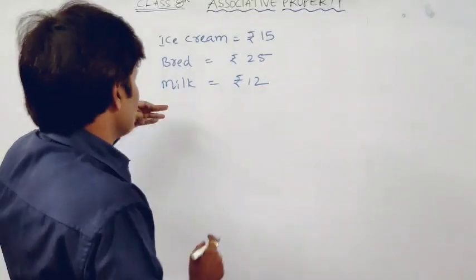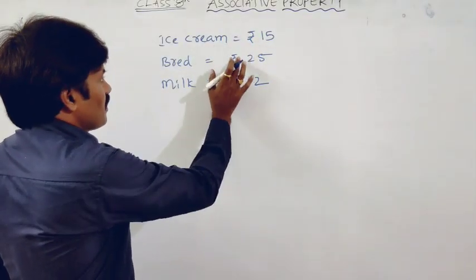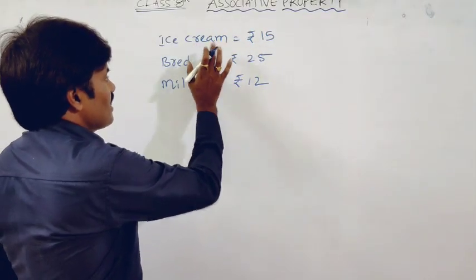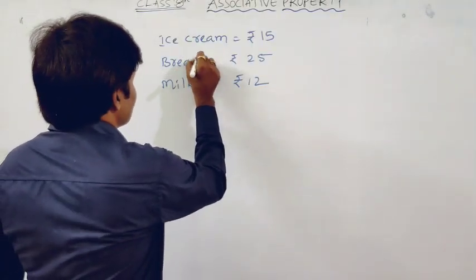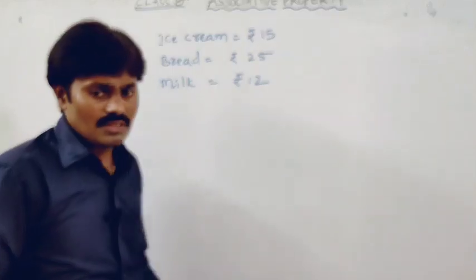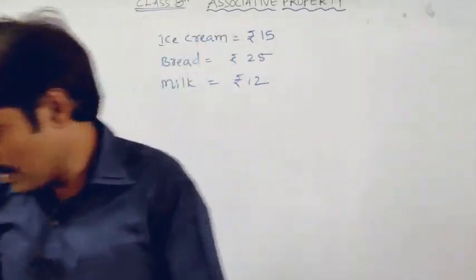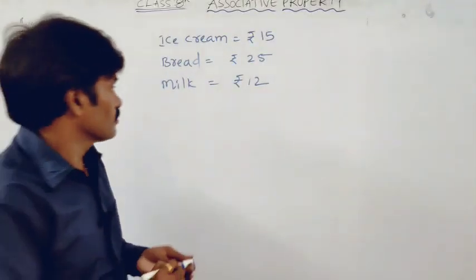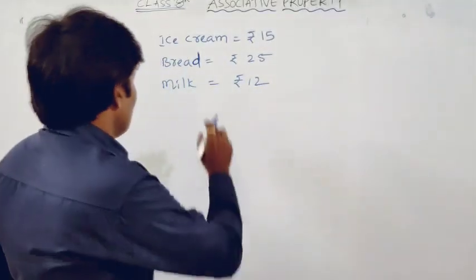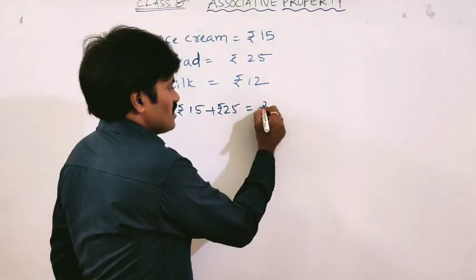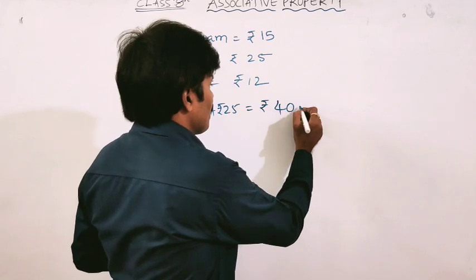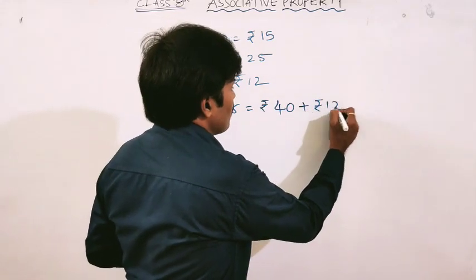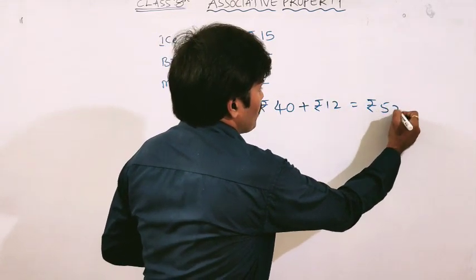Now, what I have done first, I have added the prices of ice cream and bread, 15 and 25 rupees. Now, I have added these two, then that becomes 40 rupees. Then, I added this result to the price of milk, that gives us 52 rupees.